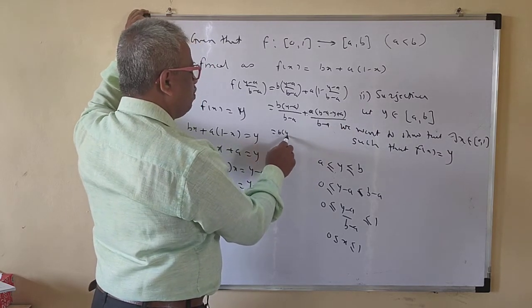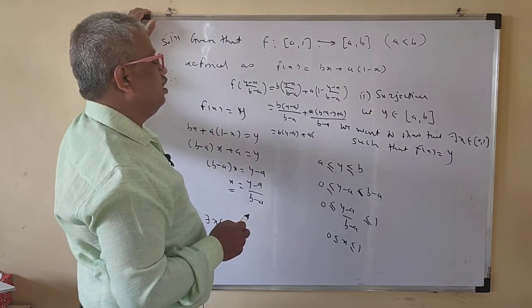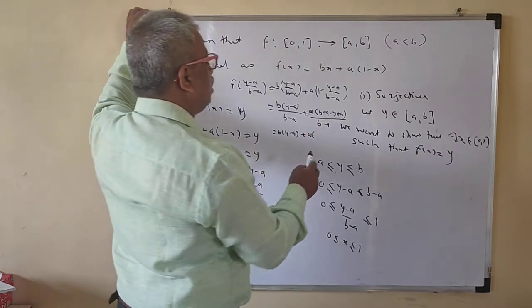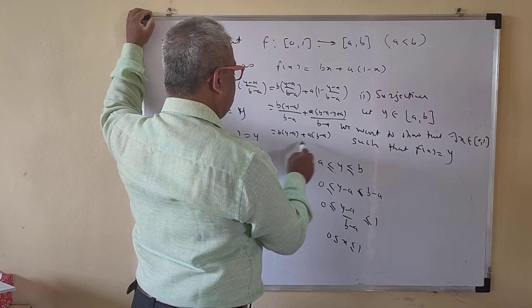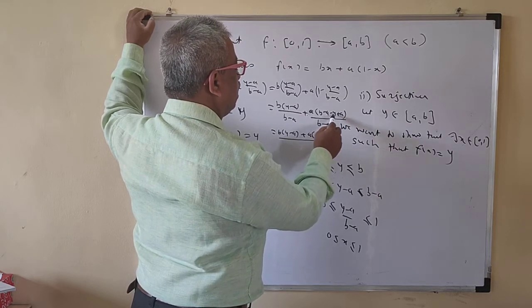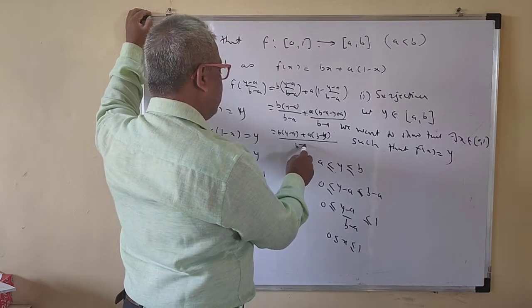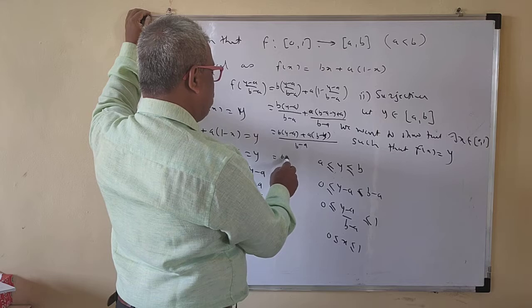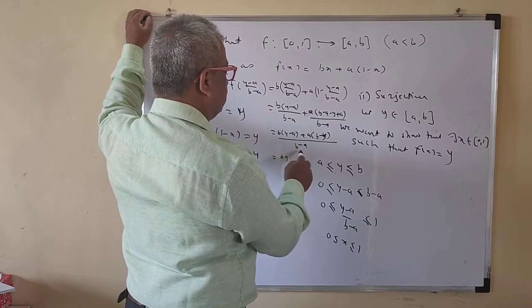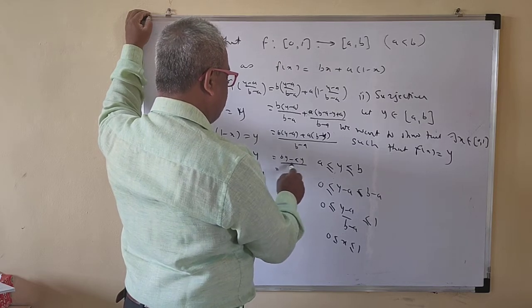So the a gets cancelled, and this is b minus y upon b minus a. So by minus ba and minus ab get cancelled, and minus ay upon b minus a remains.